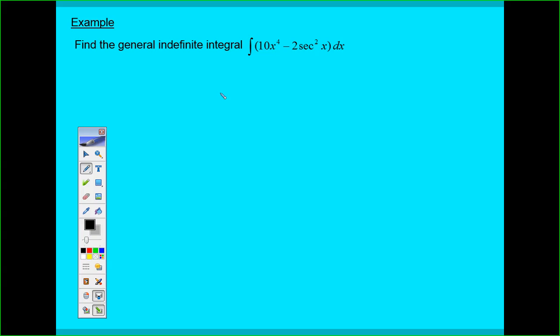We could rewrite this integral using one property as 10x to the fourth dx minus 2 secant squared x dx. And another property, we can bring out that coefficient. Same with this integral.